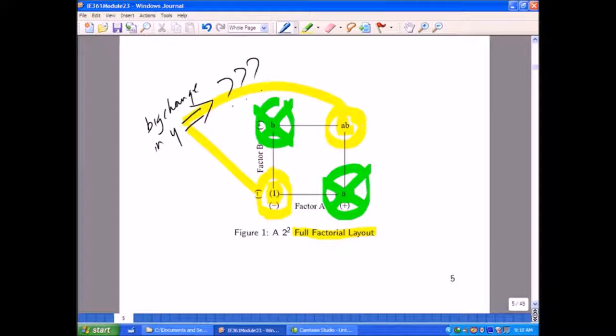Is it because I changed the level of B? Or is it because there's some kind of an interaction between A and B? You see, I'm going to be left with an ambiguous result because I didn't pay for all 4 corners of that full 2 to the 2 factorial.